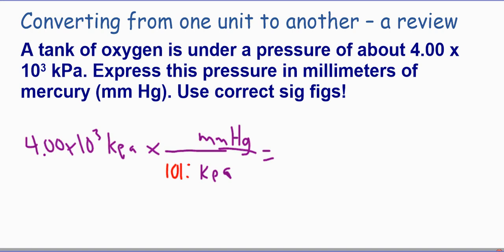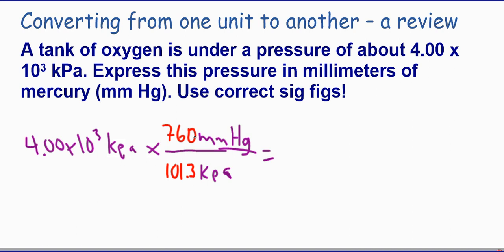There are 101.3 kilopascals and 760 millimeters of mercury. 4.00 times 10 to the third is the same thing as 4,000 in standard notation, but I wrote it like that to show that we have 3 sig figs.